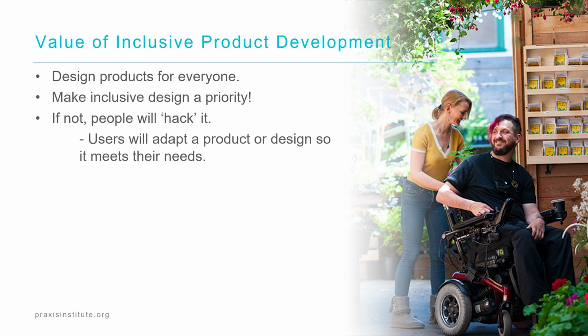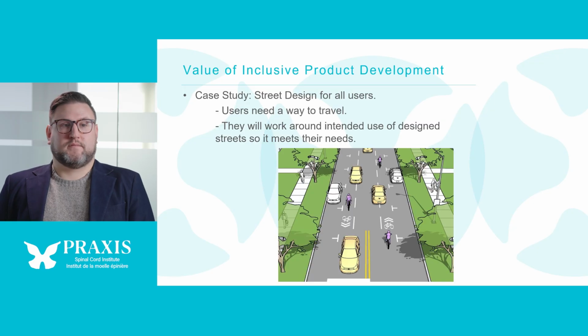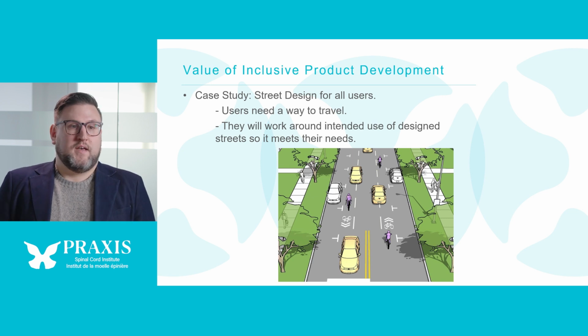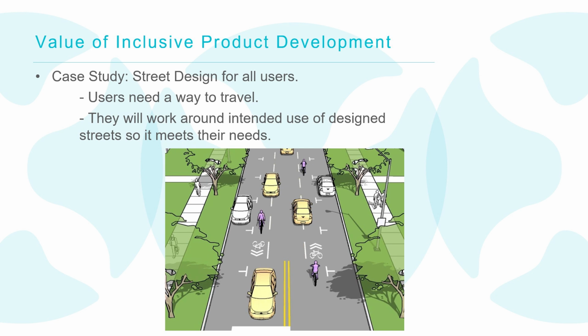Another case study is to think of street design. If you have a street that's designed for all users, because all users need a way to travel from point A to point B, they'll use the design that you've used, with a sidewalk or accessible path or bike lane. But if we don't think, well, where is a power wheelchair, or a power wheelchair that can go quite fast with an assistive device, where are they meant to go? Are they meant to be in the bike lane and maybe go faster or slower?